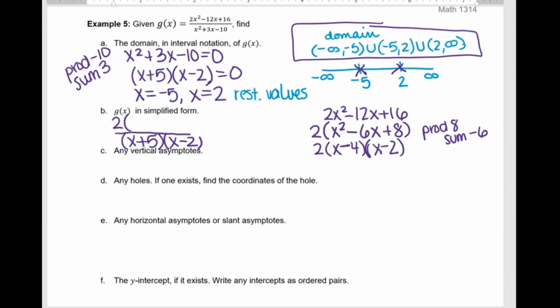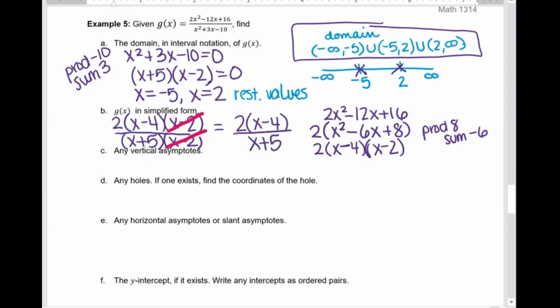So rewrite our numerator, 2 times x minus 4 times x minus 2. From here you can tell that a factor shows up in both top and bottom. So get rid of the x minus 2's. And our simplified form is 2 times x minus 4 all over x plus 5.